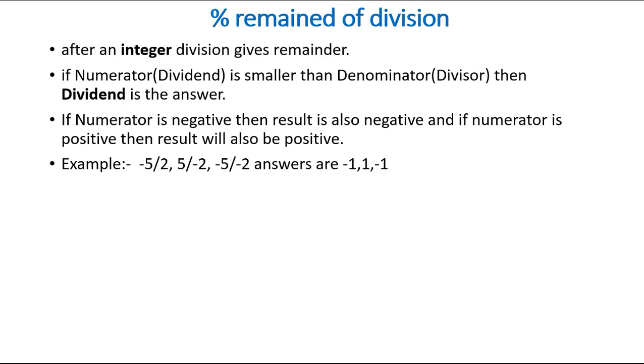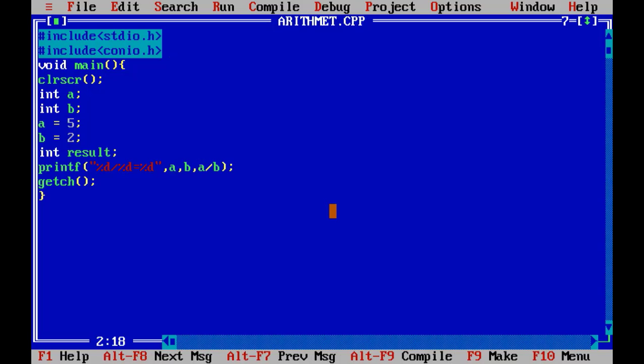Let's check the examples practically on our IDE. Here we have two variables, integer a, integer b, with value 5 and 2 respectively. Now what we are going to change, instead of division sign we are going to take modulo operator.